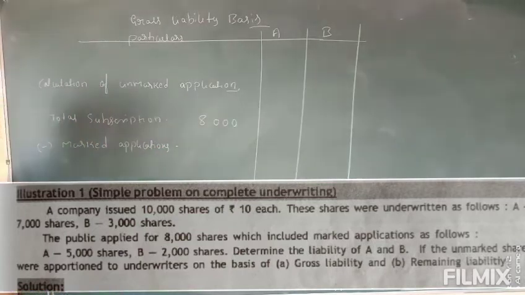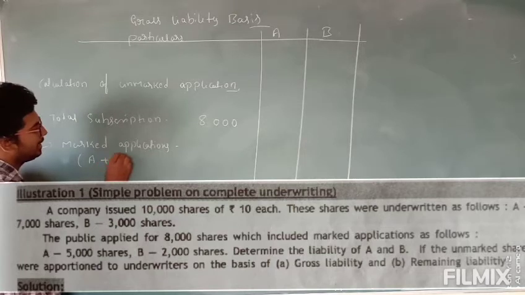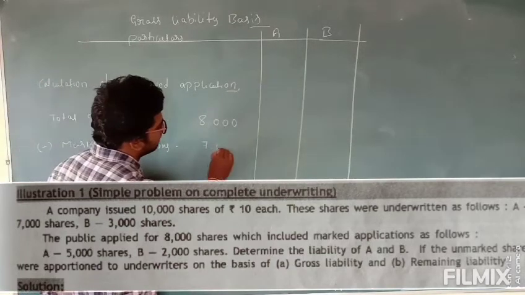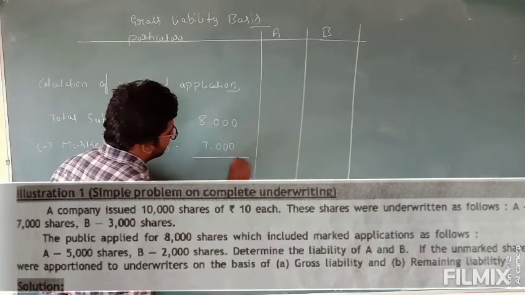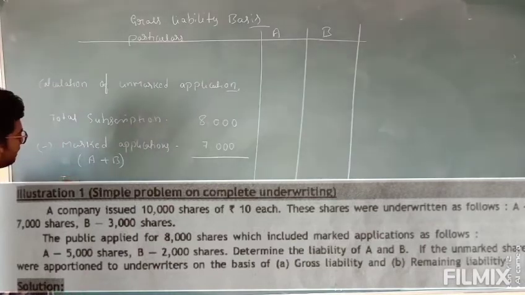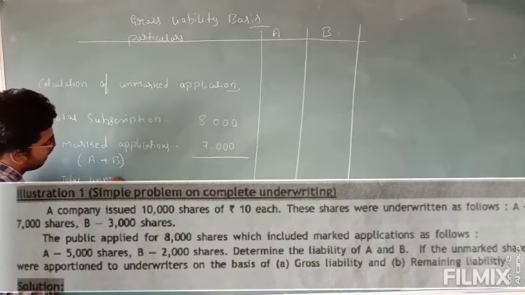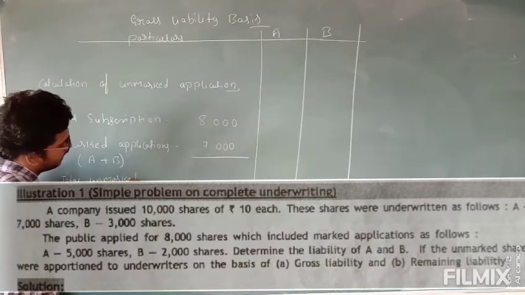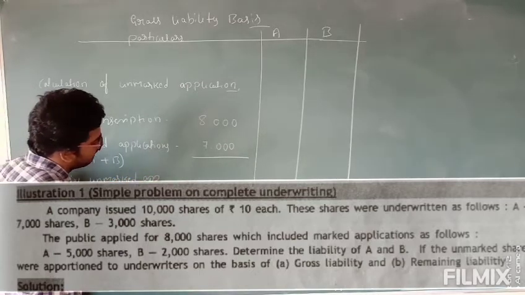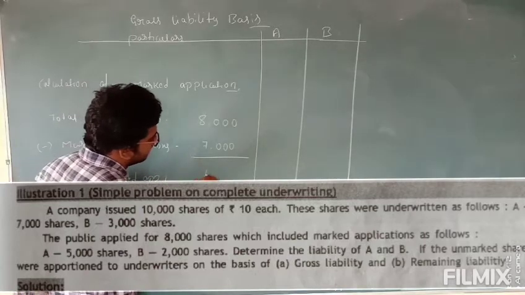The marked applications information they have given directly in the question. Look at the question, A 5,000 and B 2,000. You should take A plus B, total 7,000. So the remaining is what we call total unmarked applications.